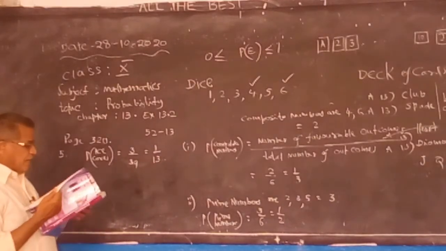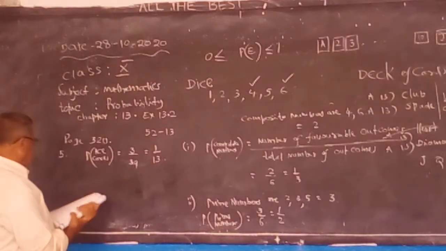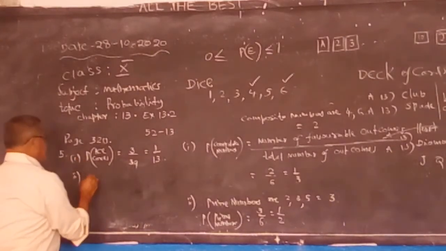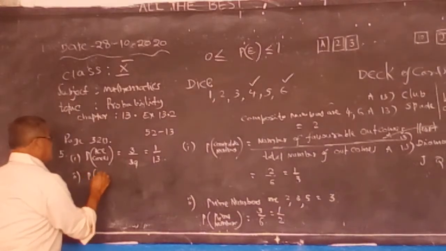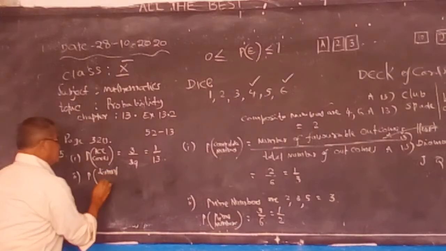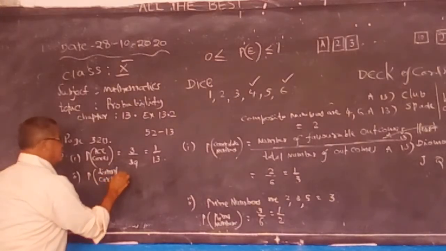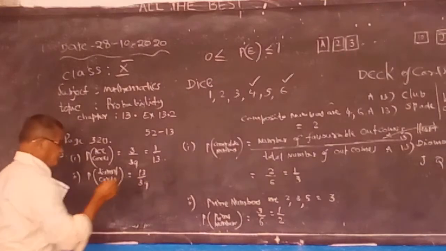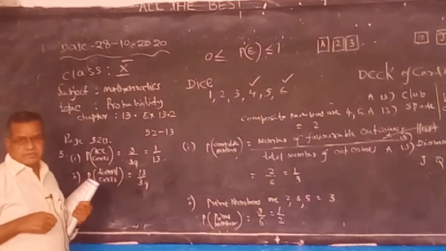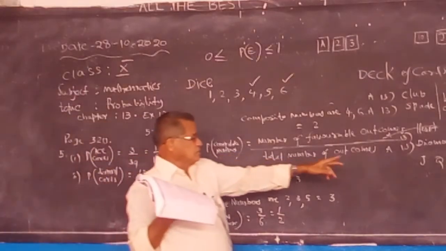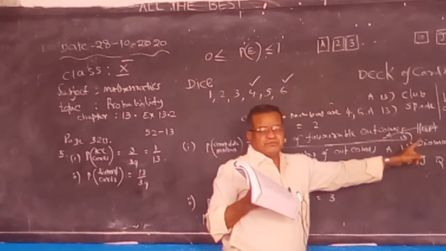Next, getting a diamond. This is first. Possibilities of diamond: how many diamond cards? Diamond cards are 13. 13 cards out of 39. He is asking for diamond cards. How many diamond cards? 13 cards.